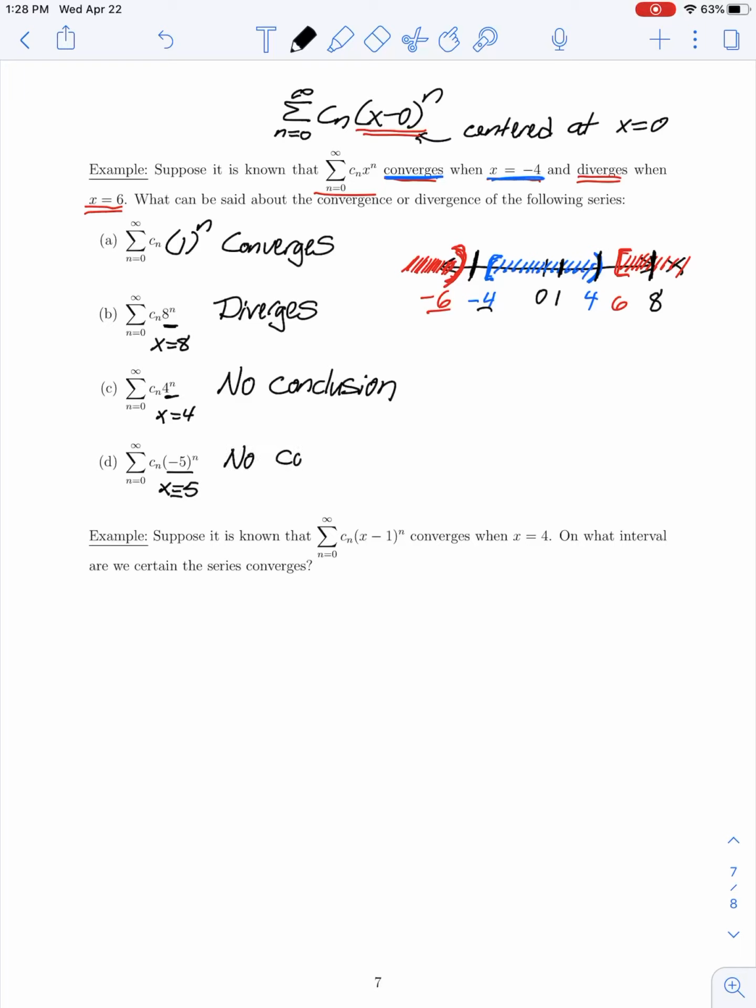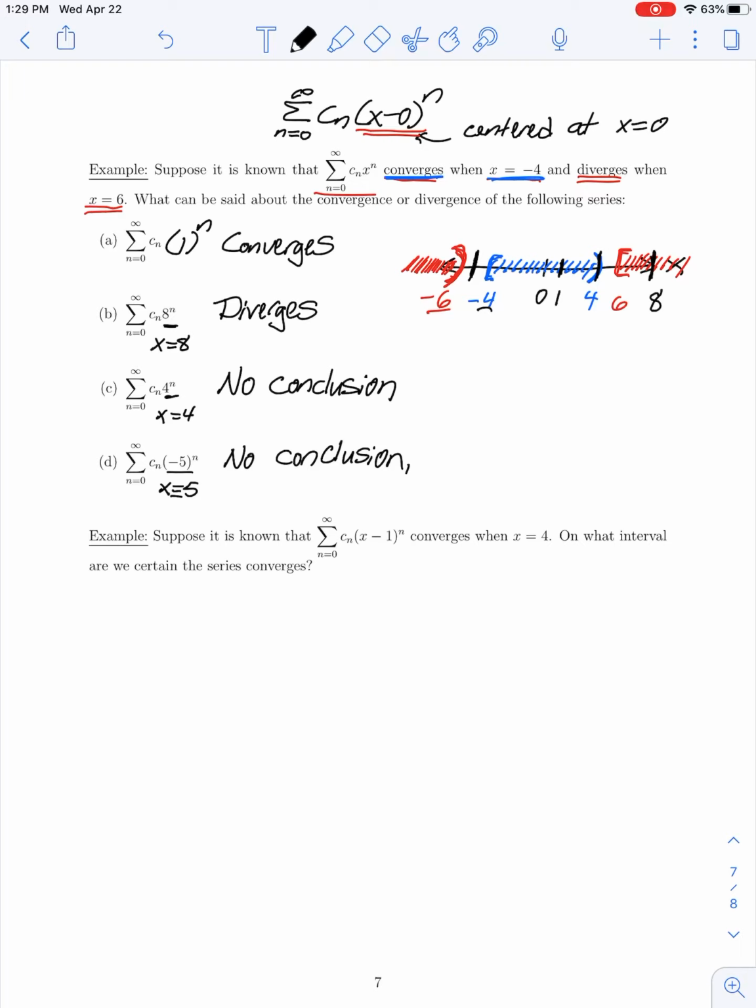So here we would have to say, again, no conclusion. All right. So even if we don't know what the coefficients of our power series are, if we know that it converges for some particular value of x or diverges for another value, we can guarantee convergence or divergence for some other related power series.